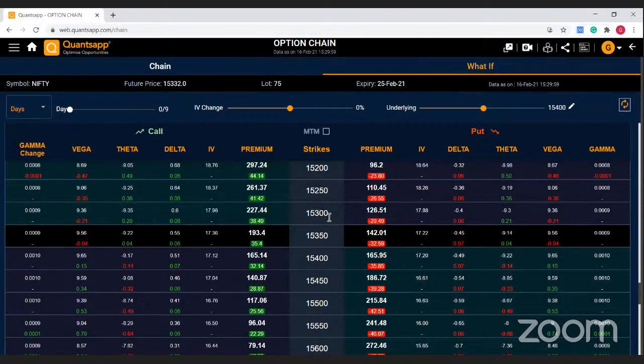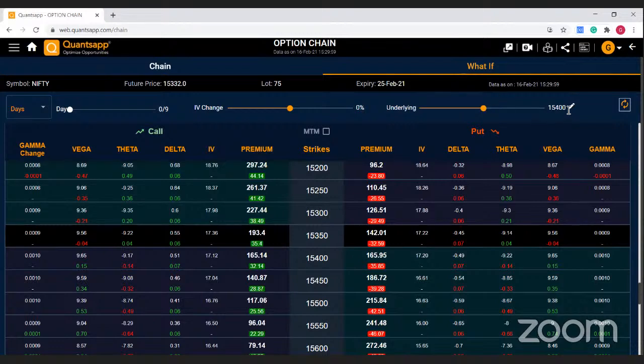If you are buying a put option and the underlying prices are going down, then you will benefit. But have you ever tried looking at how many points the change in underlying is going to affect the option premium? This is what we're going to analyze here with the help of option chain what if.